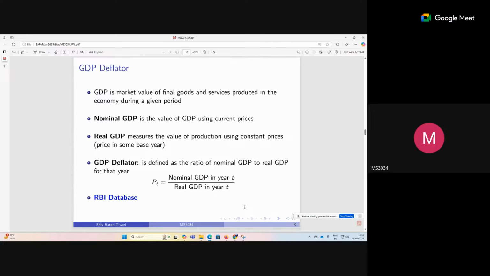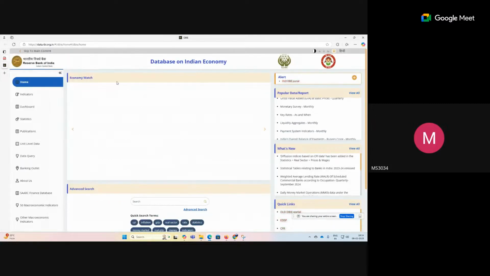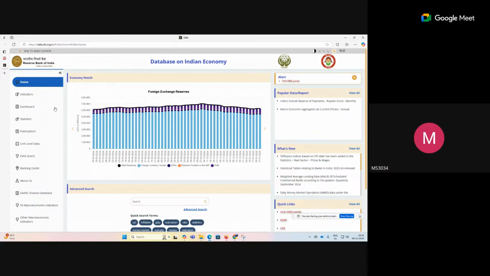And I would recommend you visit the RBI website and its database website. So let me see if it opens. This blue colored thing contains the link. If you click on this link, it will take you to the database portal of the Reserve Bank of India. If you visit this portal, there are a lot of data sets.